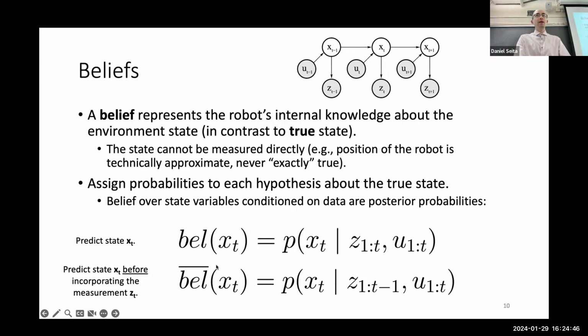I'll repeat the definitions of these in the subsequent slide so you don't have to memorize what this means. But if you want more intuition, just think of the line here as saying belief before your measurement, and then you go from here to here.